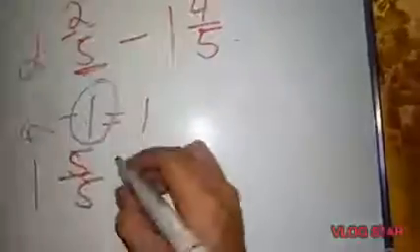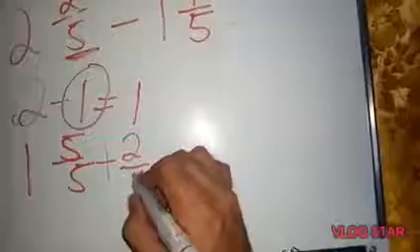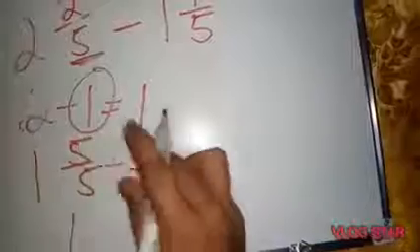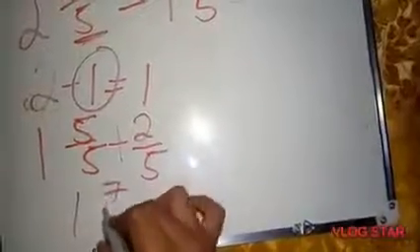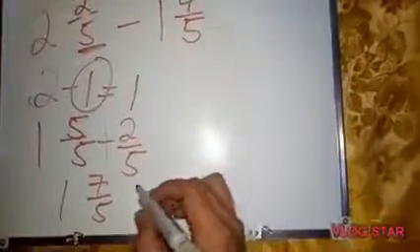Then we copy 2/5. So we add 2/5 to 5/5. So 2 and 2/5 will become, add the numerators, 7, and copy the common denominator, which is 5. Then subtract 1 and 4/5.